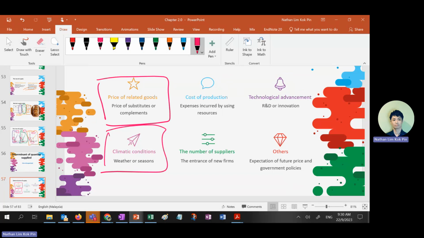For example, I just give you a very quick one. Just previously we said, rainy day, you will demand more umbrellas. Rainy day, what happened to the supply of umbrellas? No change.